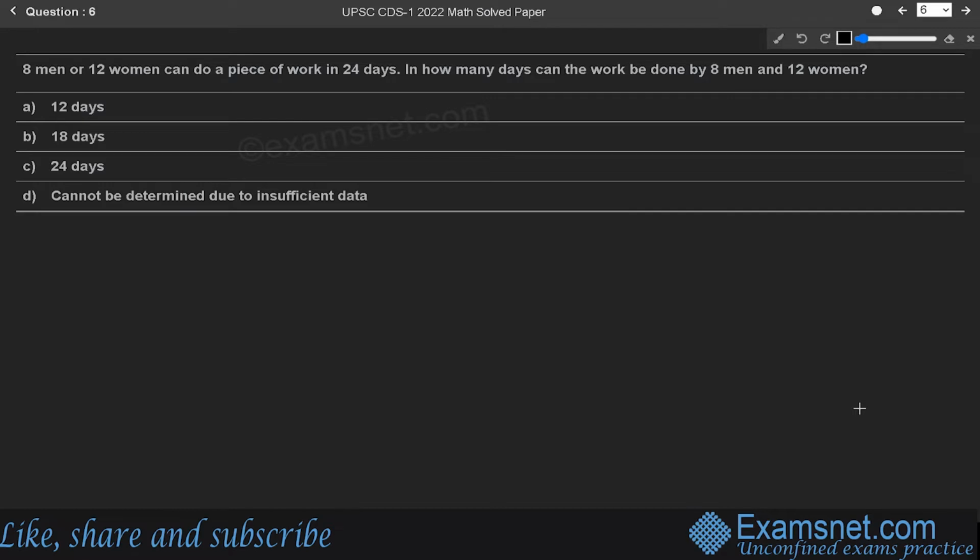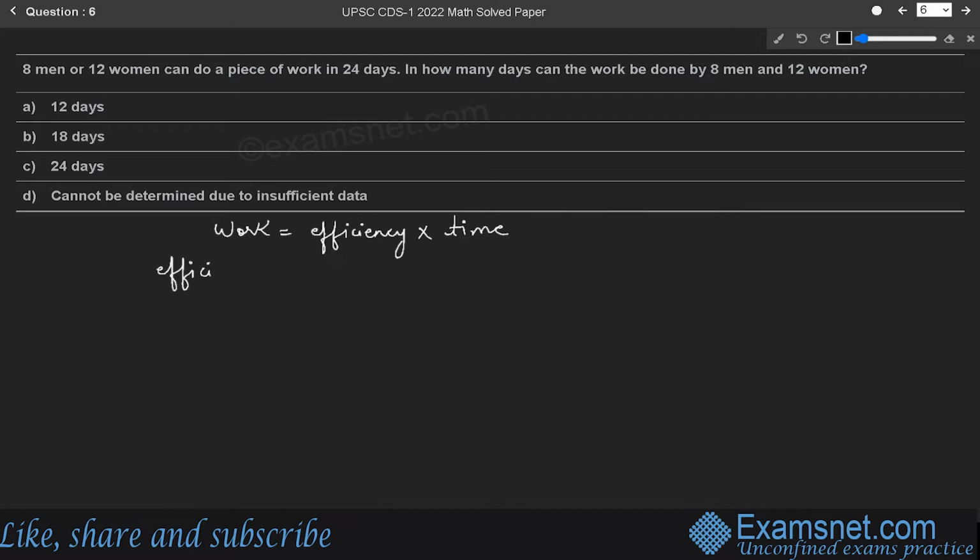Both can do the work in the same days. So we have to use a concept here, which is work is equal to efficiency into time.